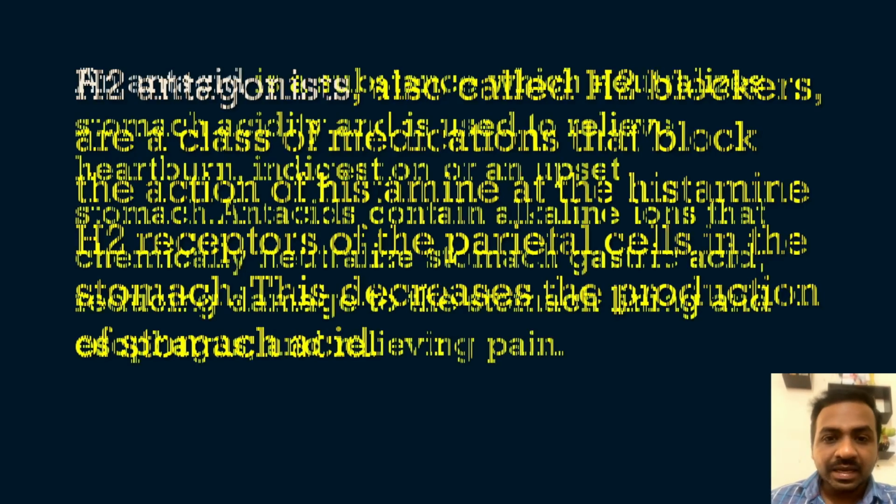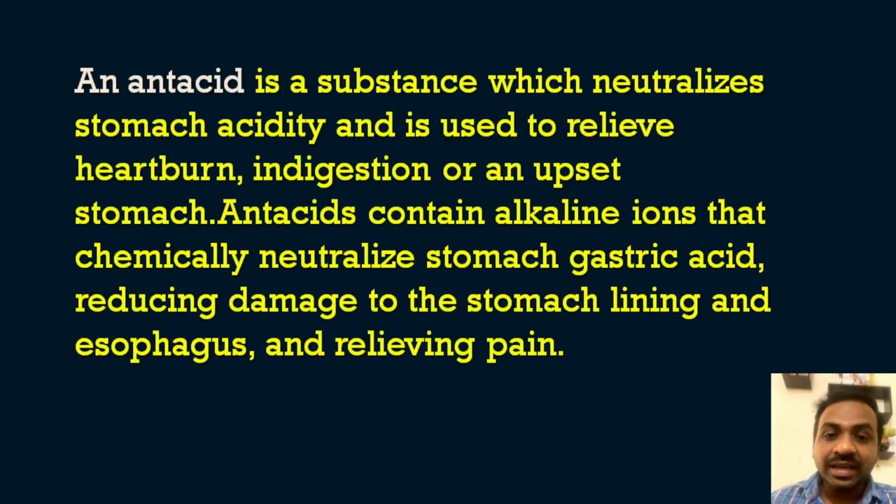Then comes the last one, that is the antacid. So what is an antacid? As the name indicates, it is a substance which neutralizes the stomach acidity and is used to relieve heartburn, indigestion, or an upset stomach. These antacids contain alkaline ions that chemically neutralize the stomach acid, reducing the damage to the stomach lining and esophagus, and thus relieving the pain.